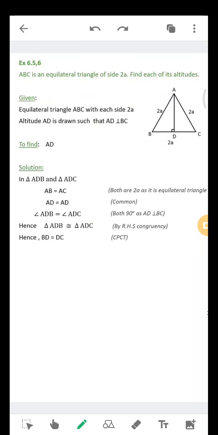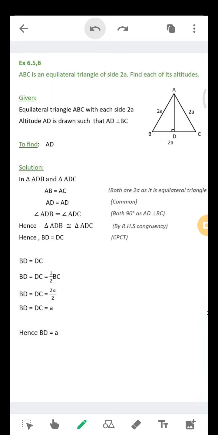So when BC is equals to 2A, how much will be BD and DC? BD and DC are equal, so will they not be A each? Yes, so as BD is equals to DC, they're half of BC. Okay, BD and DC are equal and they are half of BC.